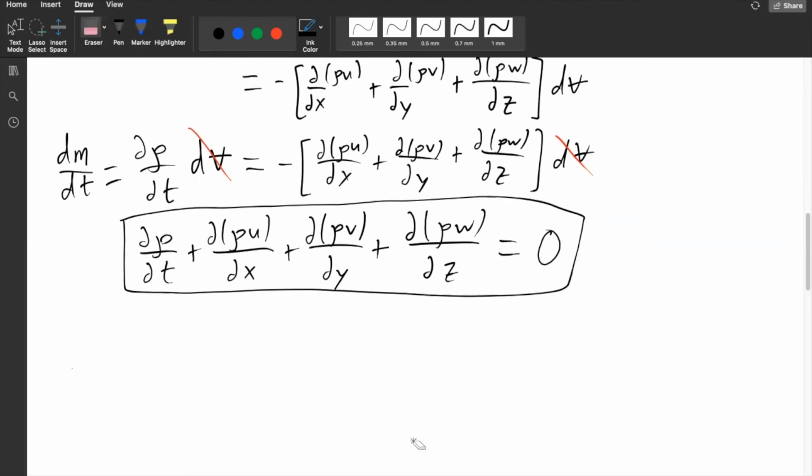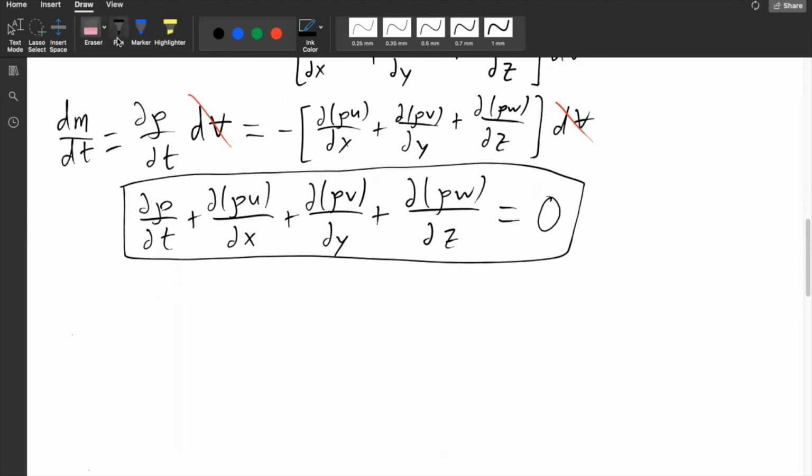And its vector form will be the following: partial rho partial t plus the gradient dotted with rho v vector.